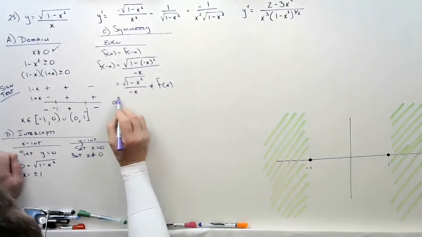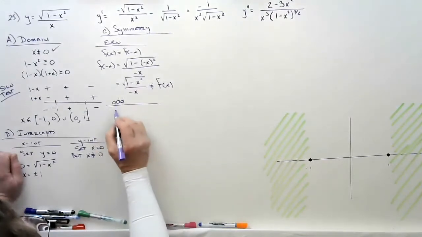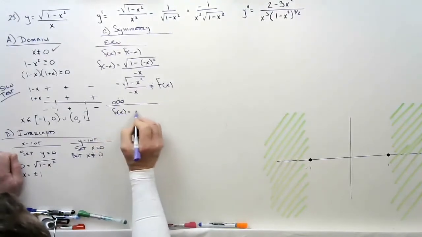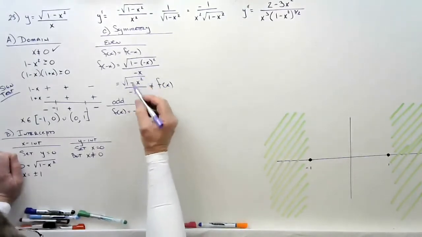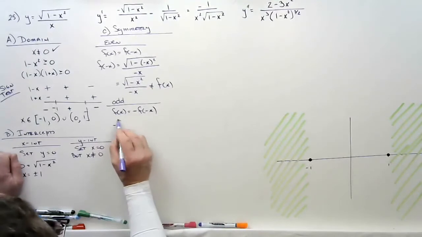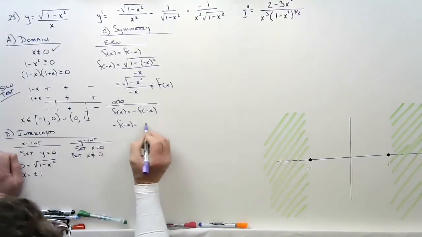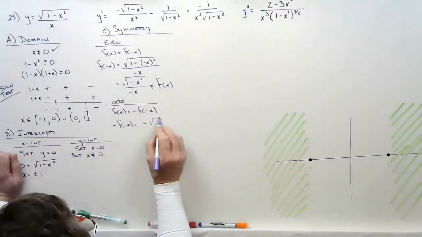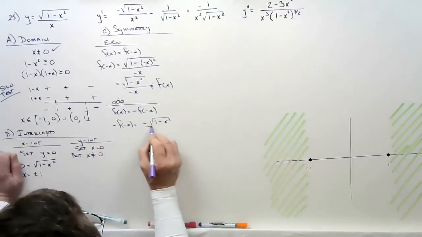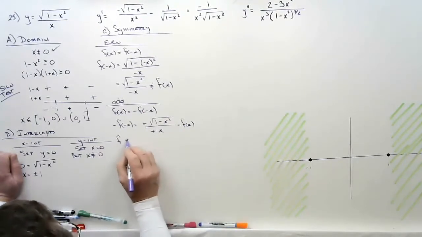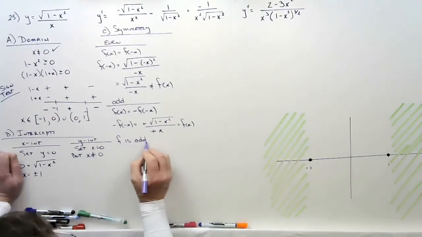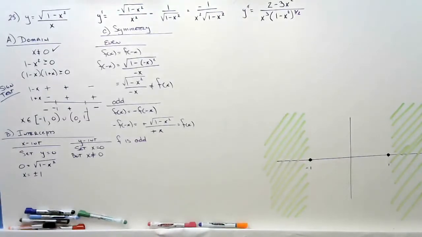So now we do odd: f of x equals minus f of minus x. So we take what we just found, we multiply by negative 1. They cancel. That is f of x. F is odd. So we have origin symmetry, right? Origin symmetry. That's what that means.